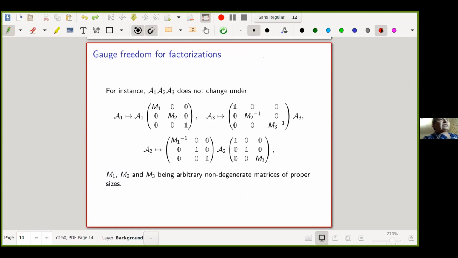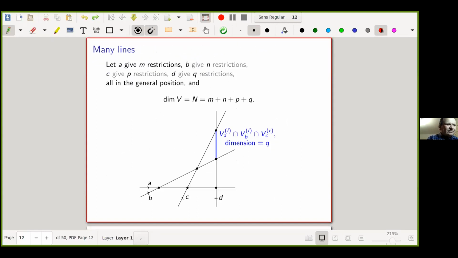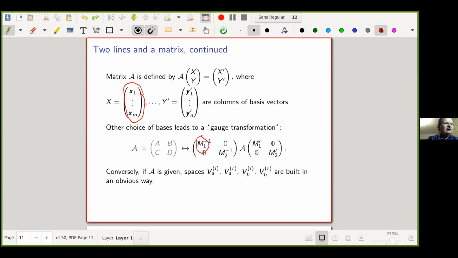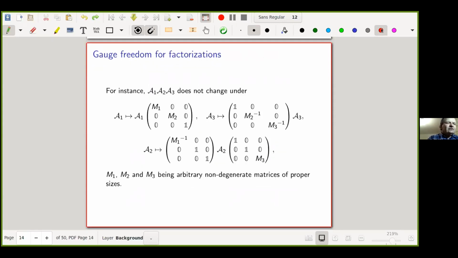If you have somehow solved this refactorization problem, you will have gauge freedom. This gauge freedom corresponds, of course, to what I was saying here about different choice of bases. So this is all very simple.